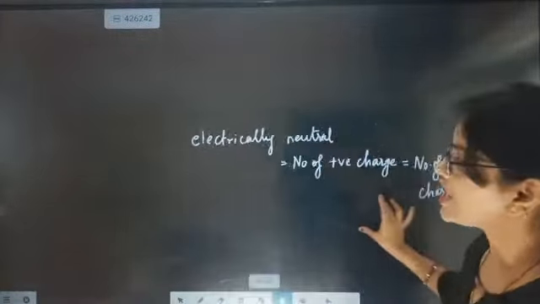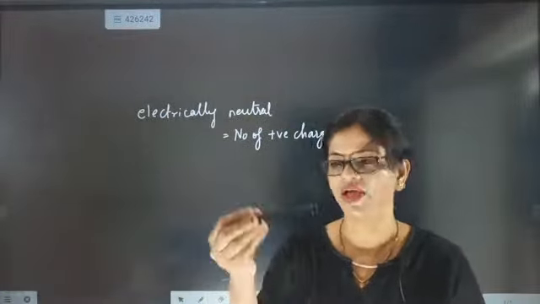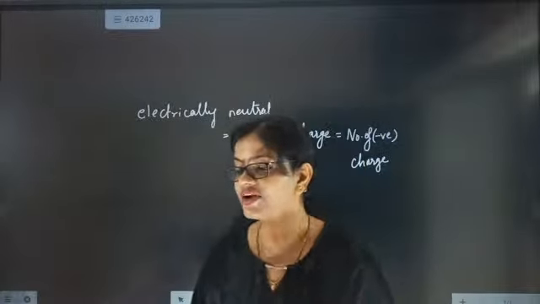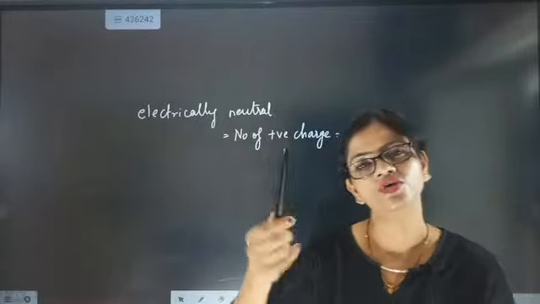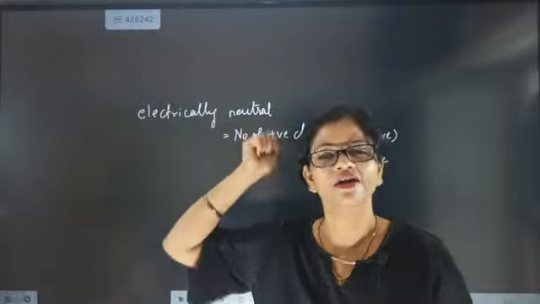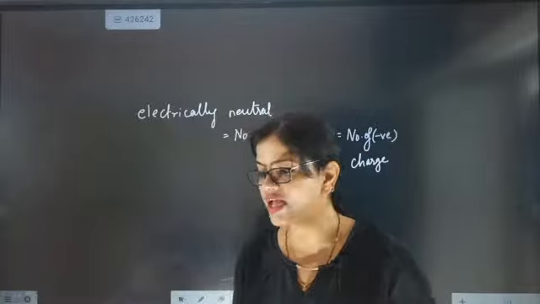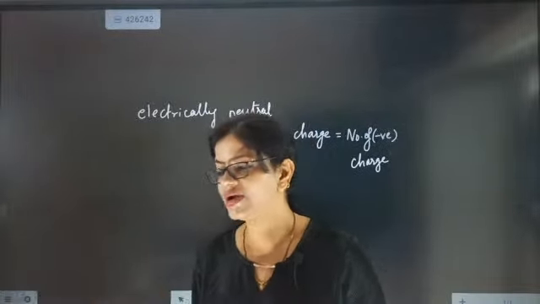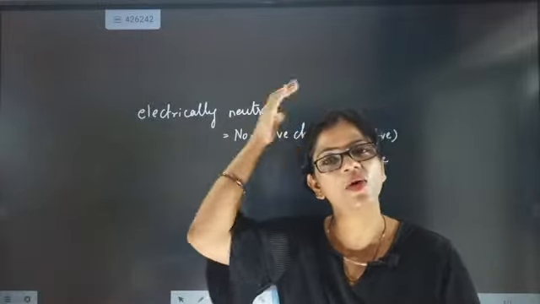That means each atom is electrically neutral. Look here, my pen is electrically neutral, meaning the number of positive charges equals the number of negative charges. But suddenly I started rubbing the pen on my head. Now two things happened: the pen acquired positive charge, and my hair acquired negative charge.